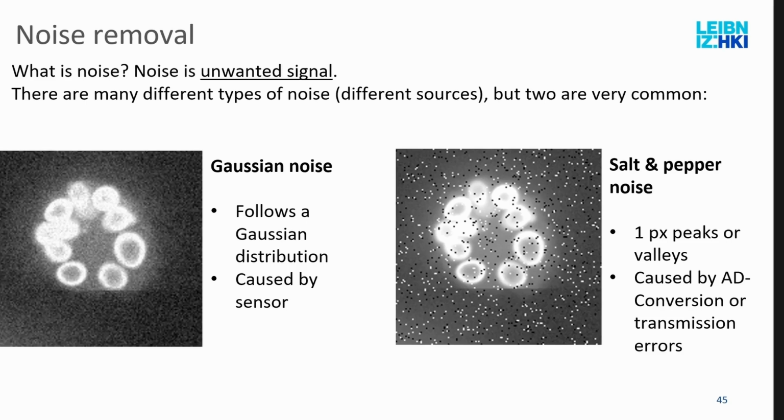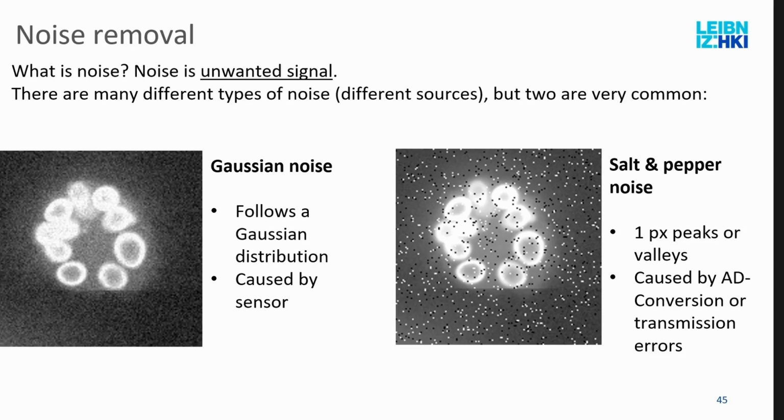And this is basically the foundation of that. For example, these operations are useful for noise removal. Noise has a lot of definitions, but the most common one for images, at least, is that noise is just unwanted signal. Two common noises are, here, this Gaussian noise, which looks like that. I enhanced it from the original image with some operations so you can see how it looks. It follows a Gaussian distribution and is related to the sensor.